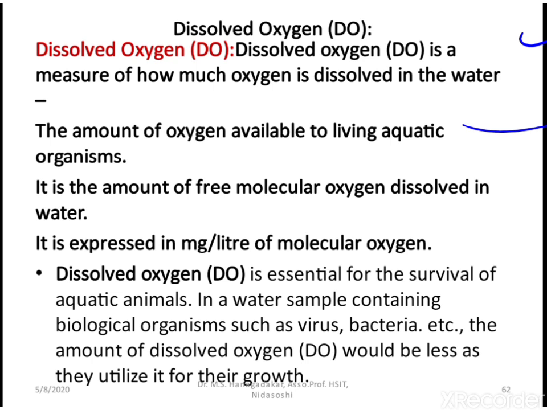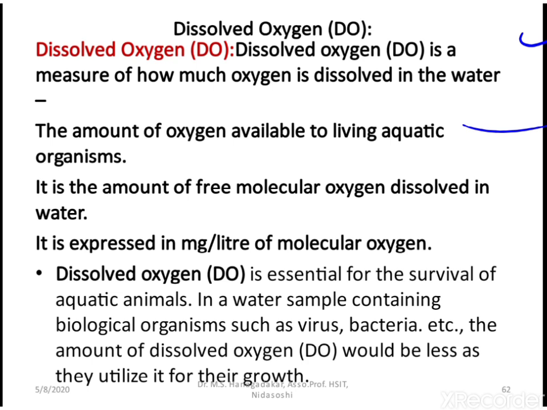Why is it essential to measure dissolved oxygen? As you know, aquatic lives like fish, starfish, shark, etc., survive in water, so they need molecular oxygen present in the dissolved state.